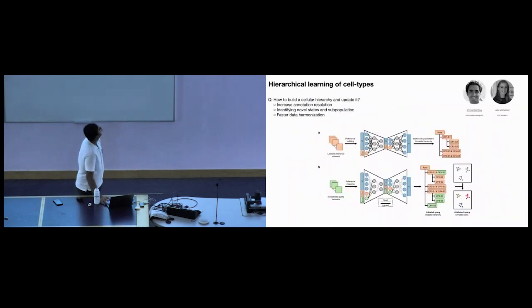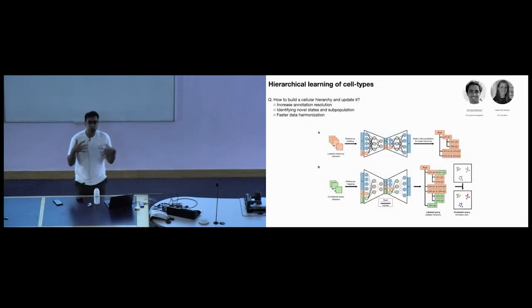Okay. The next question, along the same line of building and using references, is can you build a hierarchy of cells? Meaning that if you have three data sets annotated by three different collaborators, one in Australia, one in Munich, one in Cambridge, with different expertise and different cell type annotations, can you automatically harmonize those data sets without integrating them again and then clustering and going through the whole pipeline?